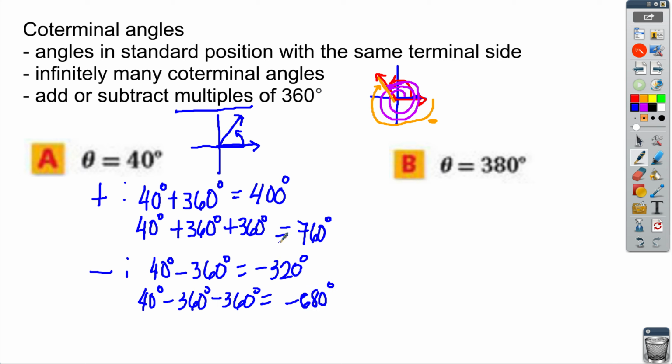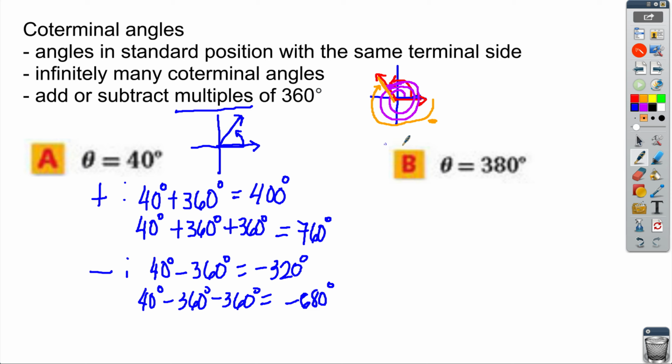So it is possible for the rotation to take more than a single ring, as you saw in our example here, and there are multiple possible answers for each of them. As long as you're adding 360 degrees or subtracting 360 degrees, you're able to find coterminal angles.